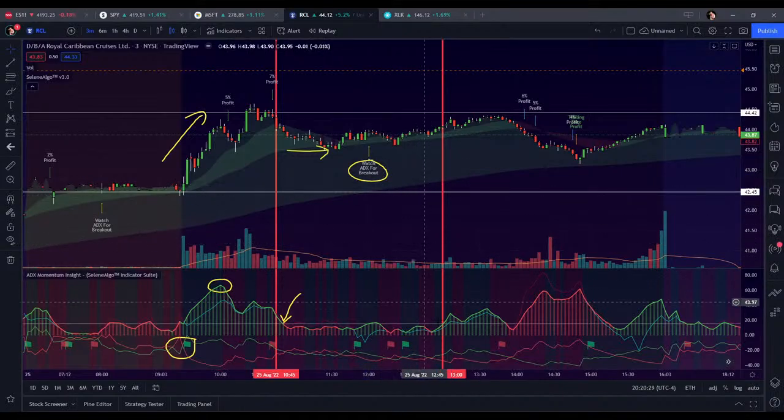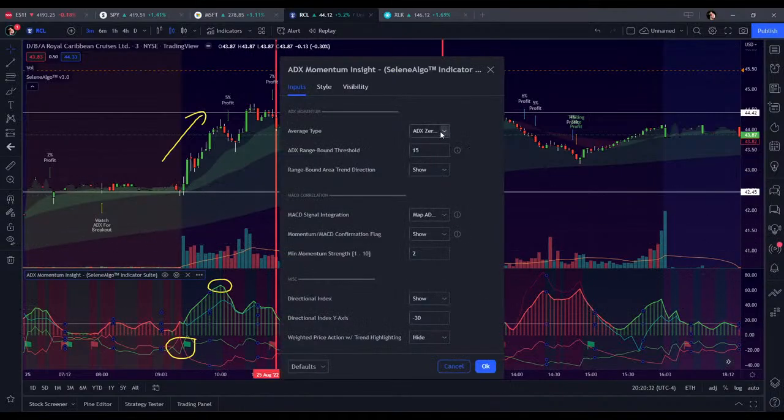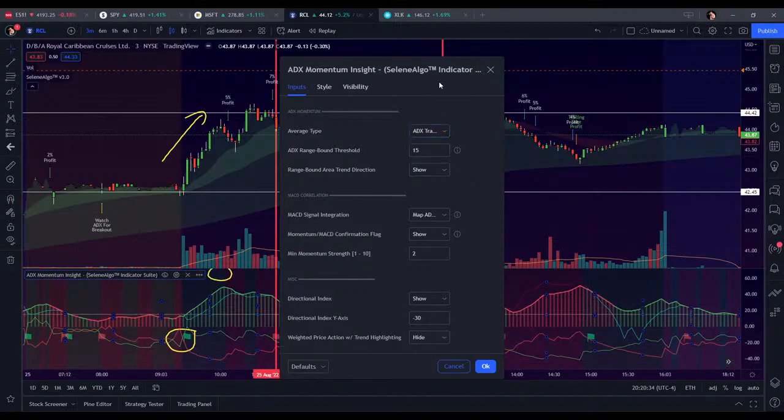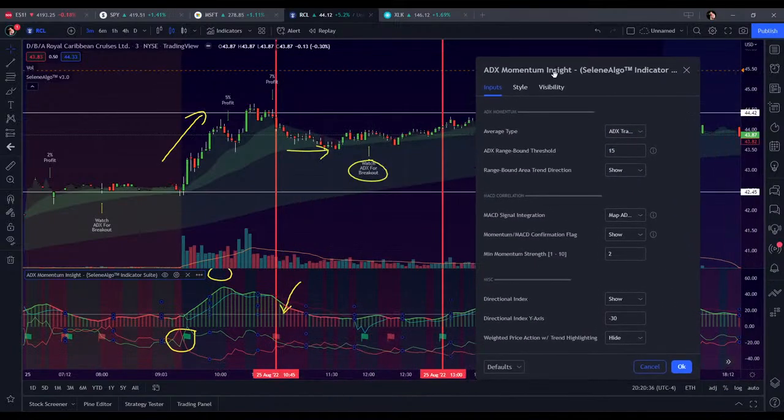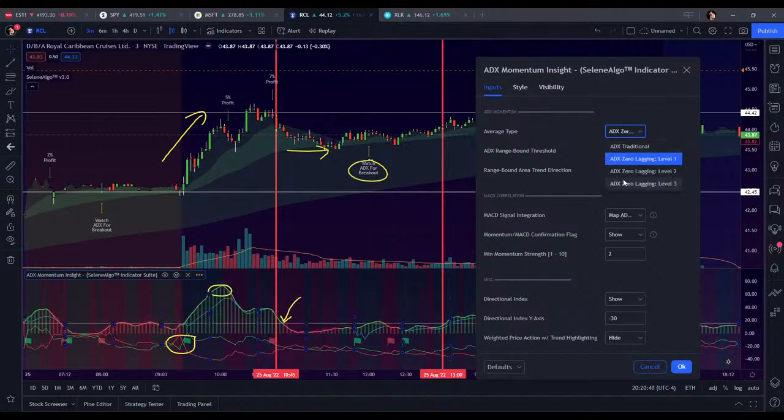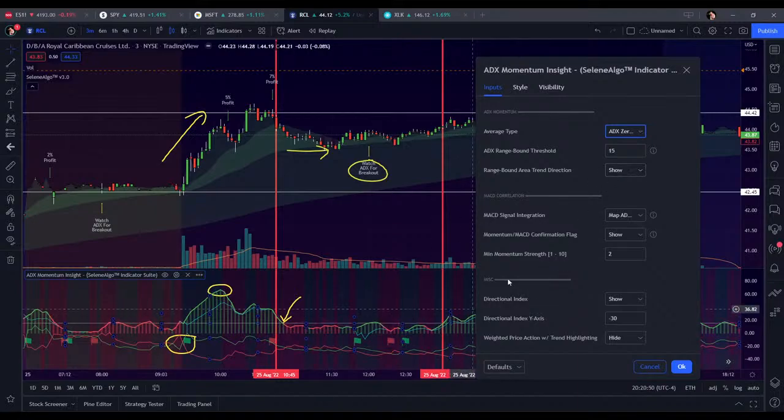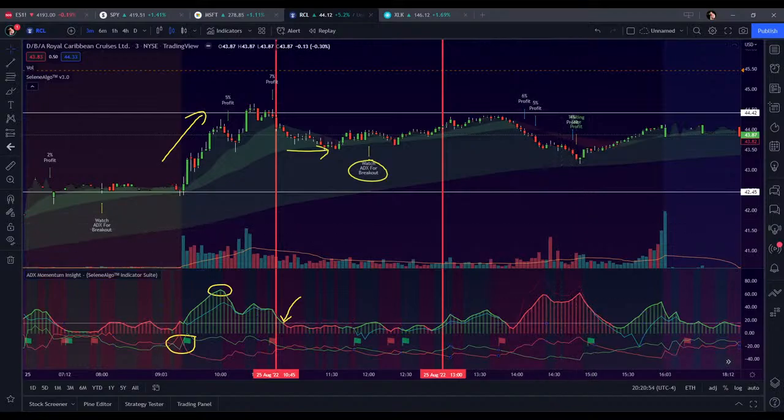If you pull up a stock ADX indicator, it's not going to be quite as responsive, and you can even see the traditional one there, which funny enough is not actually a straight traditional ADX indicator. That one is weighted a little bit, but you can tell it's a lot more smoothed out. You don't have the sharp peaks, the sharp lines. You are typically a couple candles behind if you go with a traditional ADX because it is a lagging indicator. It's important to remember that.